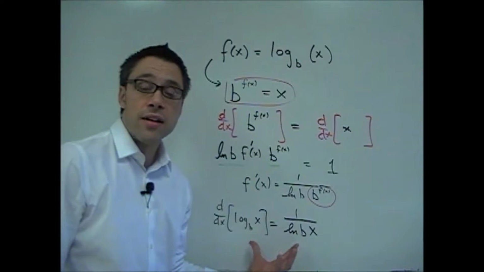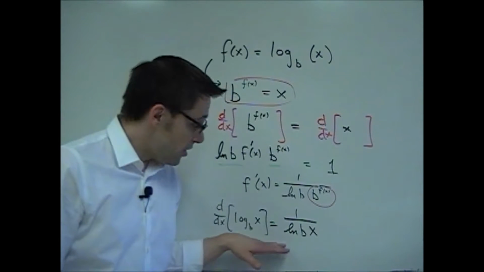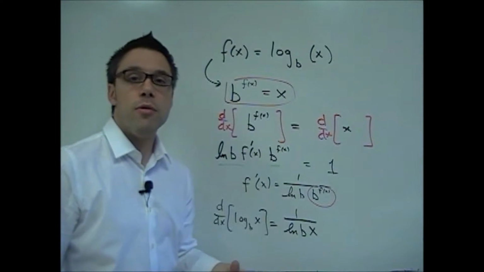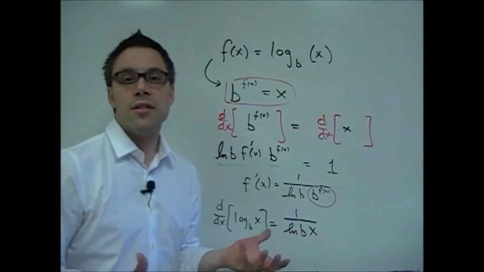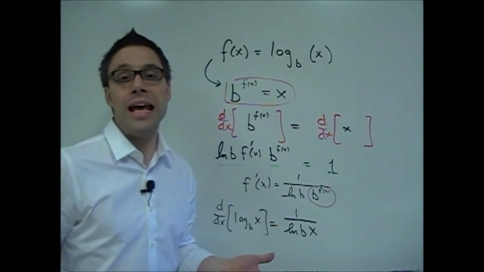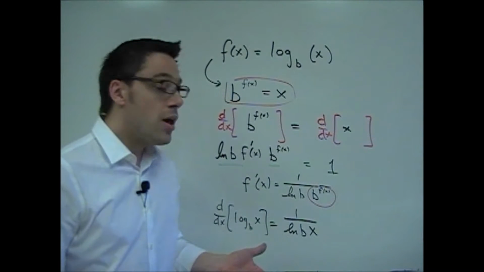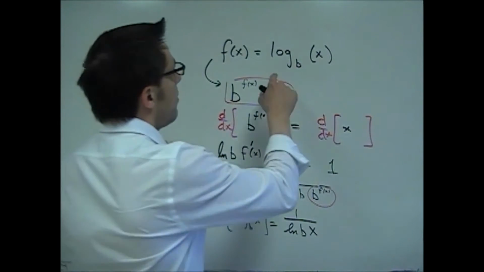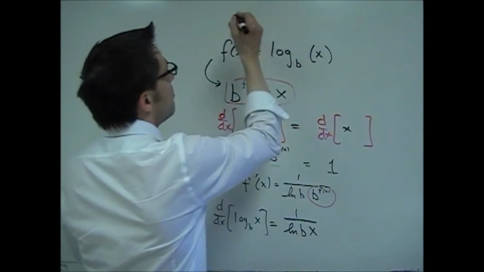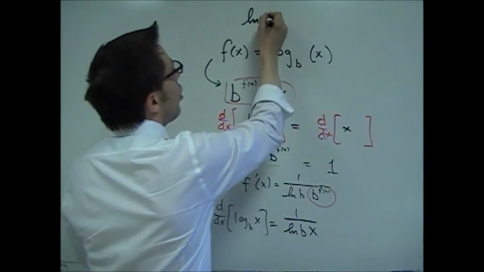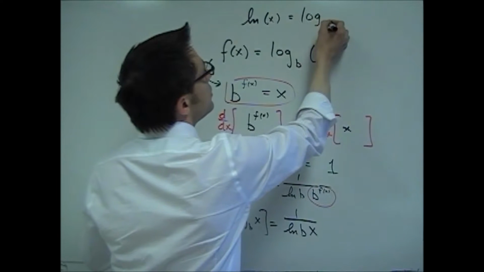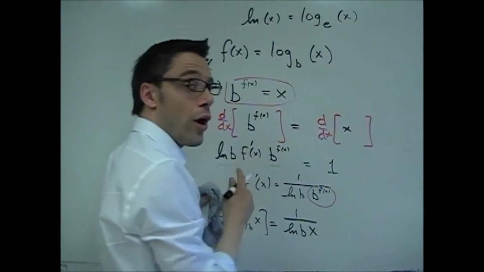But notice that with this in mind, we can also figure out the derivative of the most famous logarithm function, that is the natural logarithm, ln of x. Let me remind you of something. Remember that by definition, the natural log of x is equal to log base e of x, right?